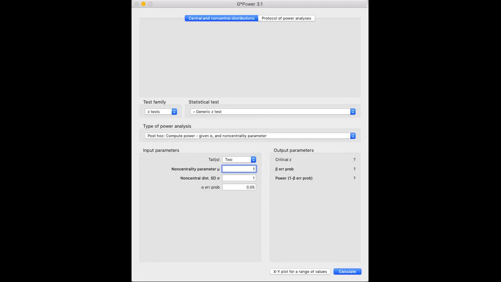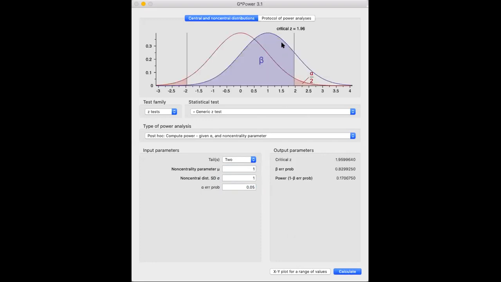And if we set the standard deviation at 1 and alpha value at 0.05, again, this is not a p-value, this is the alpha value, because this suggests that we a priori define an alpha value, okay? Now, if we select all these and calculate, the distribution of what we're testing is depicted in this graph, and it also has some numbers popping out at output parameters.